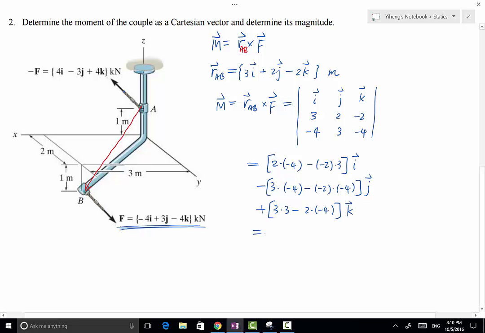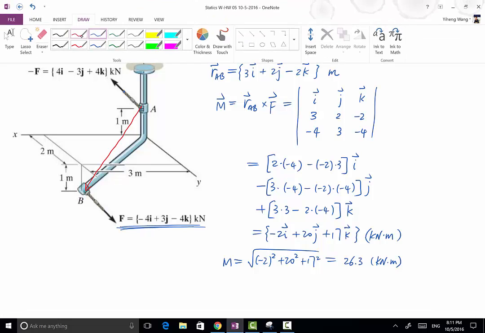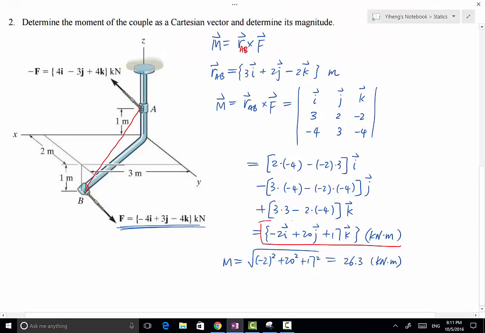And as a result, this equals negative 2i plus 20j plus 17k. And that is the moment vector with a unit of kilonewton meter, and its magnitude equals simply the square root of negative 2 squared plus 20 squared plus 17 squared, and that equals 26.3 kilonewton meter. So this is the vector form, and this is the magnitude of it.